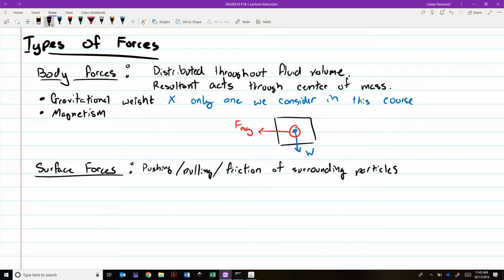And the reason we call them surface forces is because they act on the faces of our fluid element.